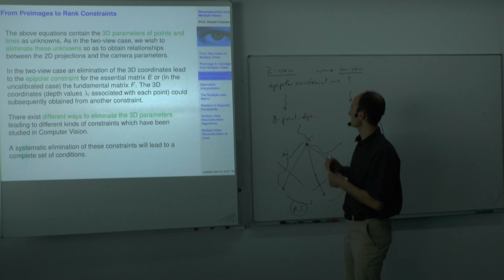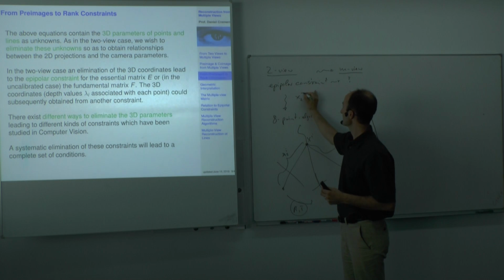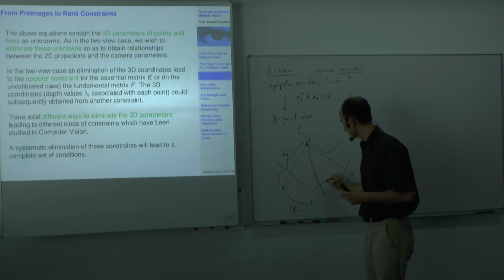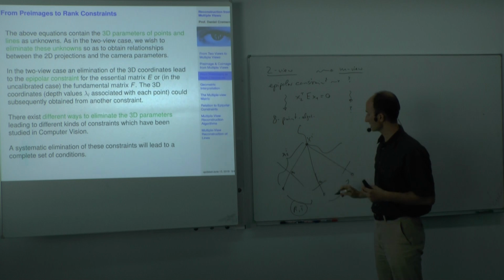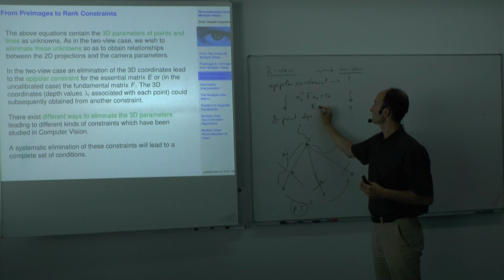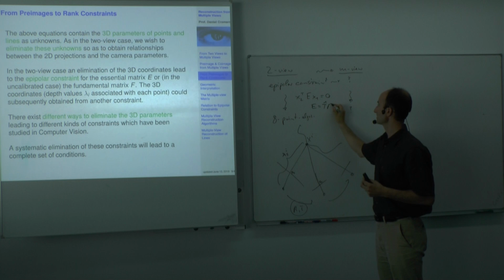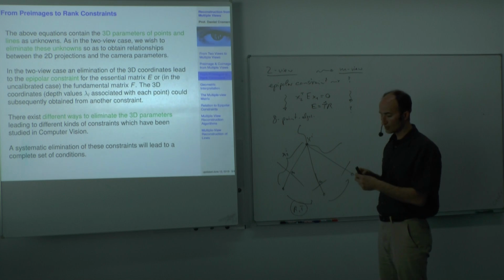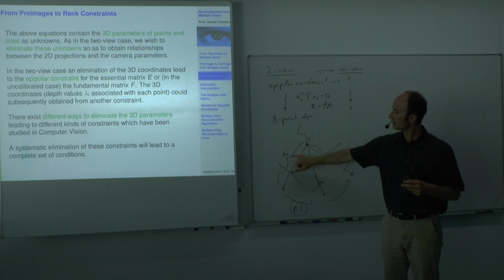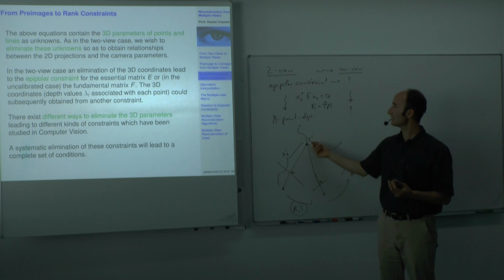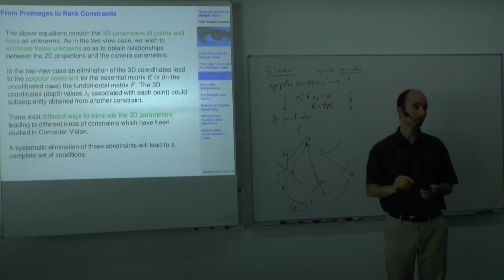So the epipolar constraint, if you recall, was x2 transposed E x1 equals 0, where this is little x1, this was little x2, and E was the essential matrix that was T hat times R. So a matrix containing only the camera parameters. And the 3D location of points, the whole 3D information is no longer in the constraint.